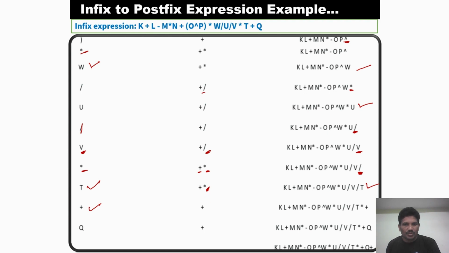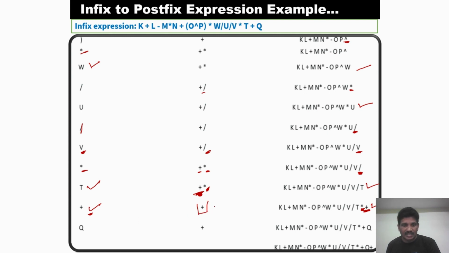That's why we pop the multiplication operator from the stack. Okay, the multiplication operator has been popped. Then another operator in the stack, that is a plus. The plus operator has equal precedence to the plus in the stack. That's why it can also be popped from the stack.